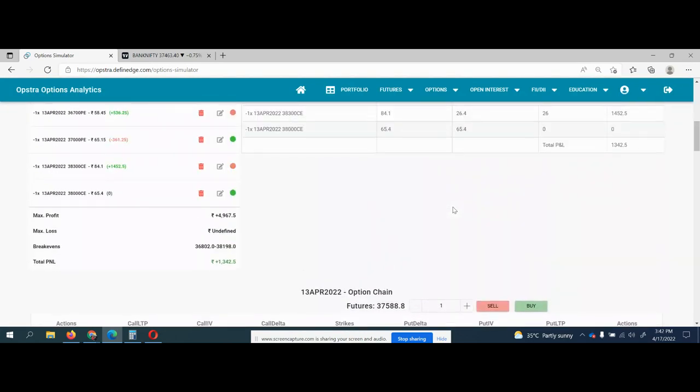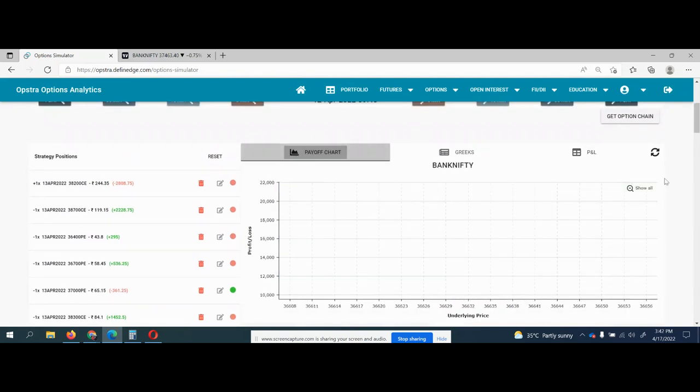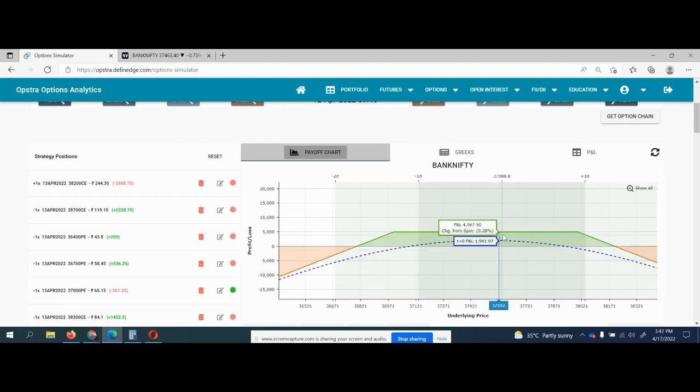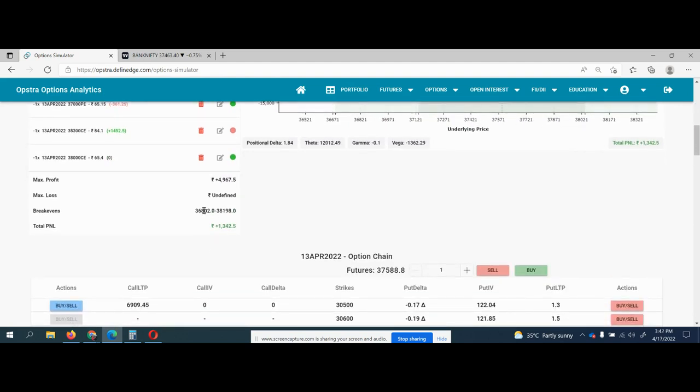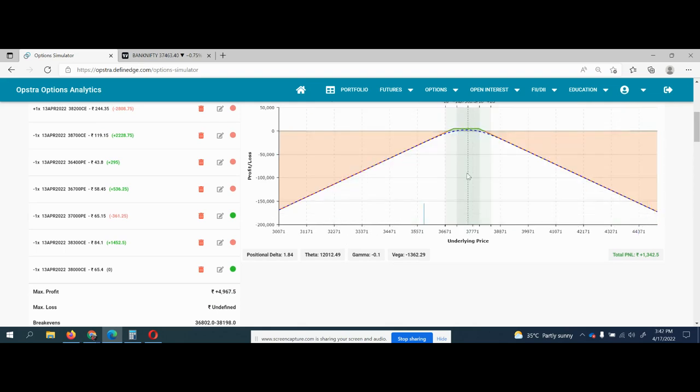So when I sell this call, this has again converted to a strangle, with the market in the center, and you have a good range of 800, right? Still you can make a call. You can either exit the trade with 1342, but if you want to explore, or if you are aggressive, then you can just go with this trade.